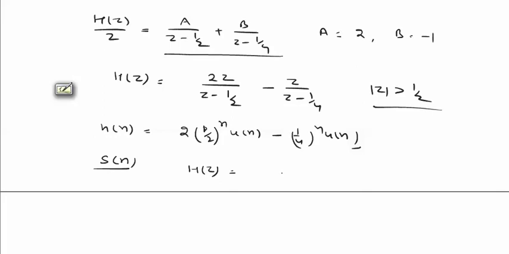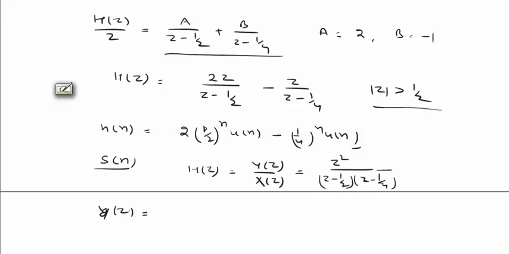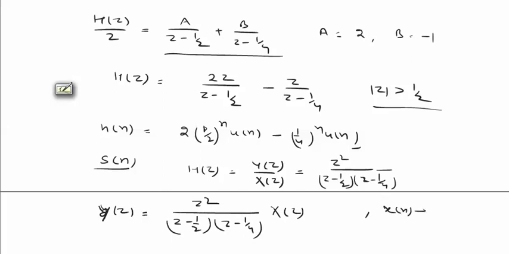The transfer function of the system is Y(Z) upon X(Z), which is Z square over Z minus 1/2 times Z minus 1/4. Here x[n] is a unit step, so X(Z) is Z upon Z minus 1.